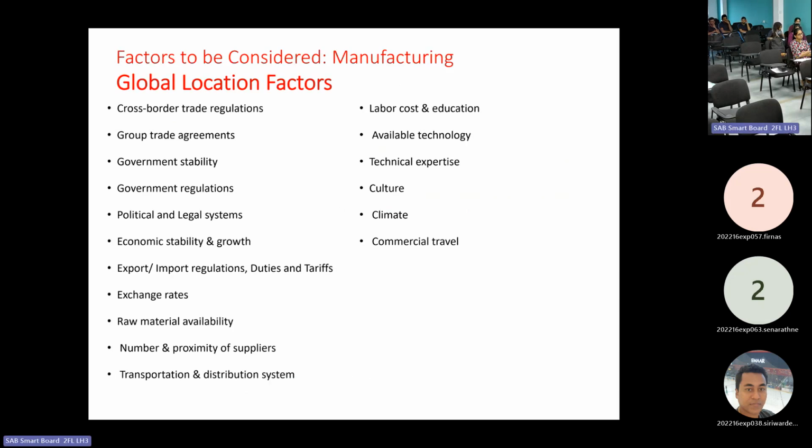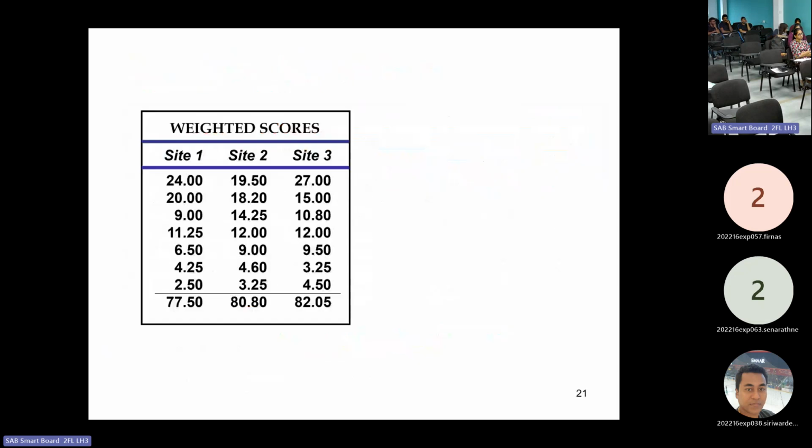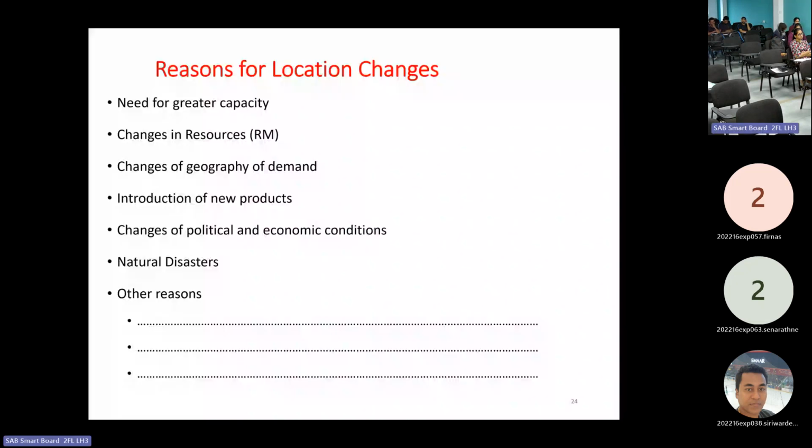Then let's come to the end of this topic. Although we consider location as a long-term decision that we don't change often, due to certain reasons, businesses will have to change the locations of their facilities. Here you get a list of reasons why.